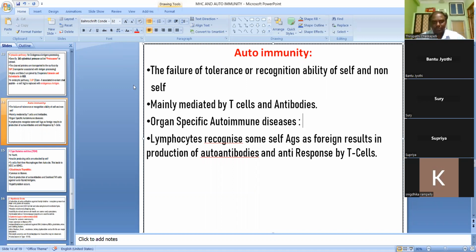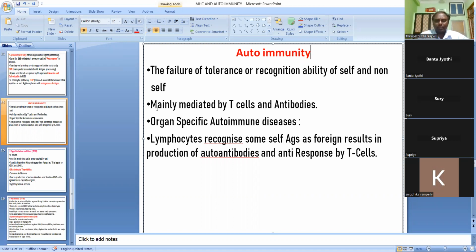So what is autoimmunity? The failure of tolerance or recognition ability of self and non-self discrimination. That is the reason when our own immune system reacts on our own antigens or on our own tissues. Such a phenomenon is called autoimmunity.